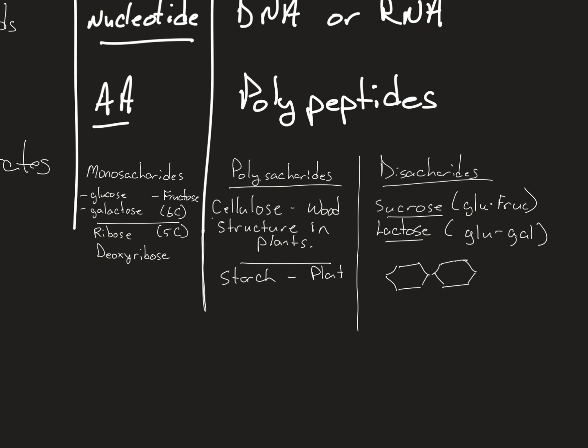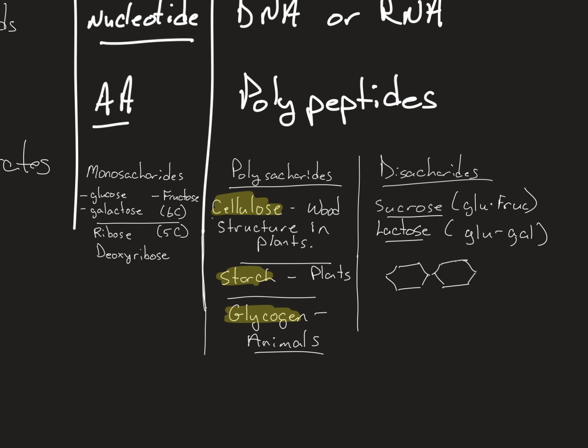And finally, another polysaccharide is glycogen, and that's in animals, in the liver of humans and mammals. All right, so 3 polysaccharides we discussed: cellulose, starch, and glycogen.